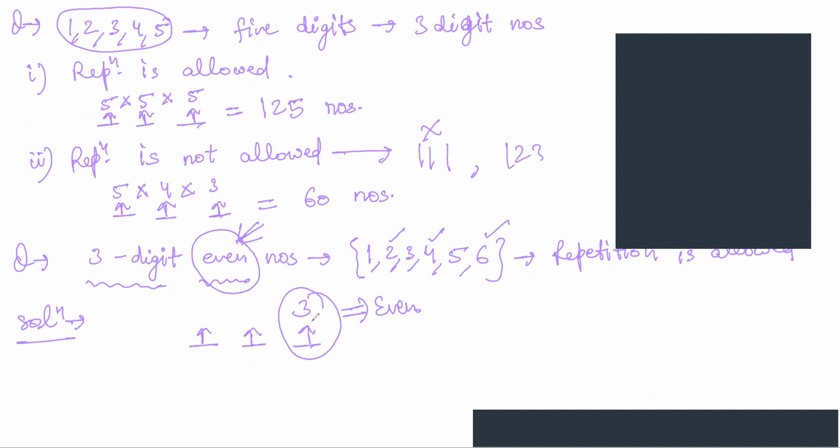You used one of the 6 here, but repetition is allowed. That is, this place also has 6 choices. This place also has 6 choices. Total numbers will be 6 into 6 into 3, which is 108, the required numbers. Yeah, this is the answer.